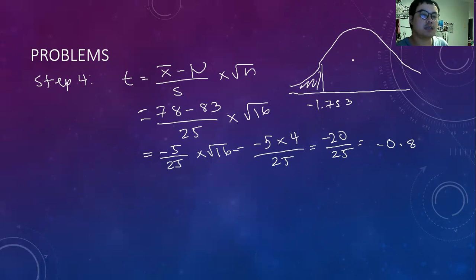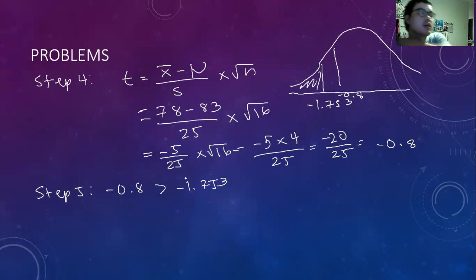Since negative 0.8 is greater than negative 1.753, and since the test statistic must be less than the critical value based on the alternative hypothesis and the normal curve, we can tell that we have to accept the null hypothesis.